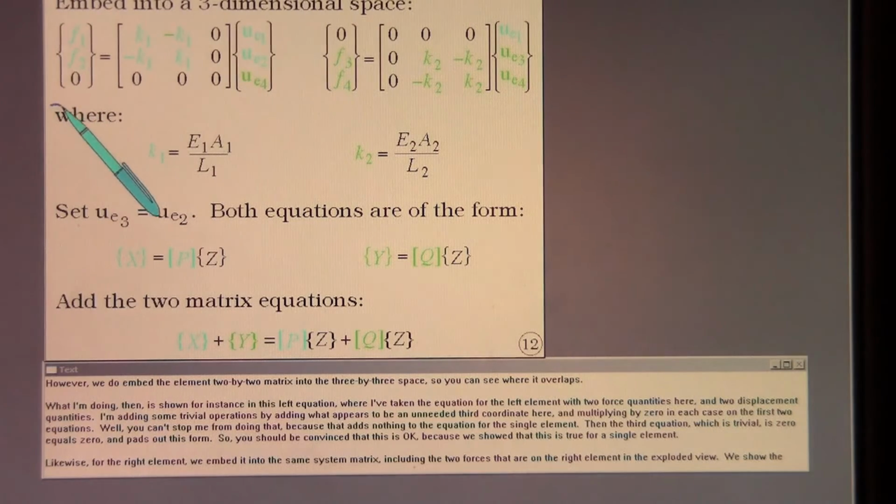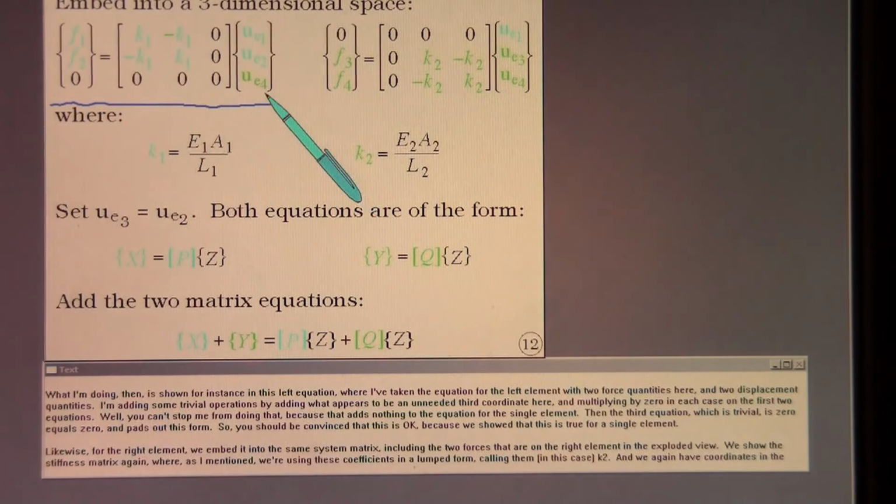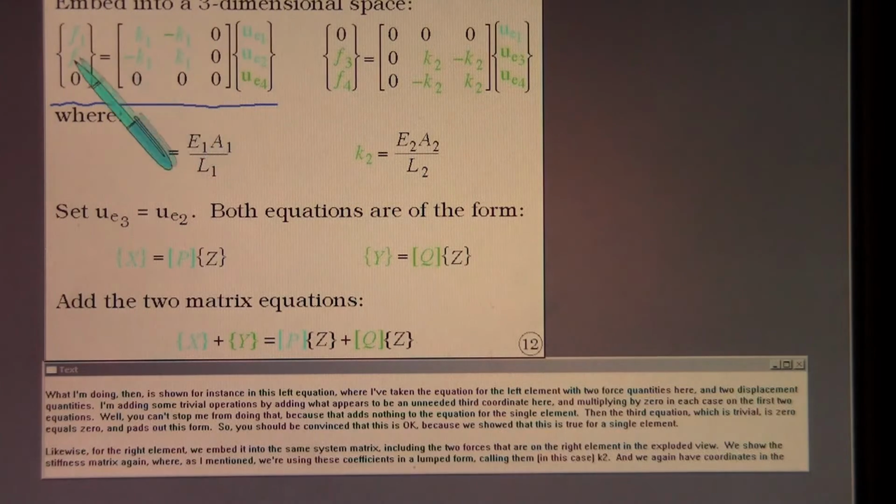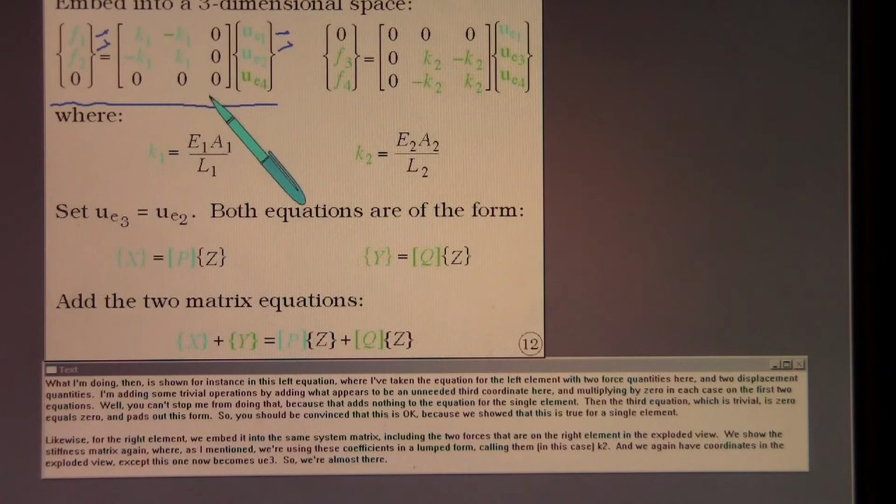What I'm doing then is shown, for instance, in this left equation, where I've taken the equation for the left element with 2 force quantities here and 2 displacement quantities. I'm adding some trivial operations by adding what appears to be an unneeded 3rd coordinate here and multiplying by 0 in each case on the first 2 equations.